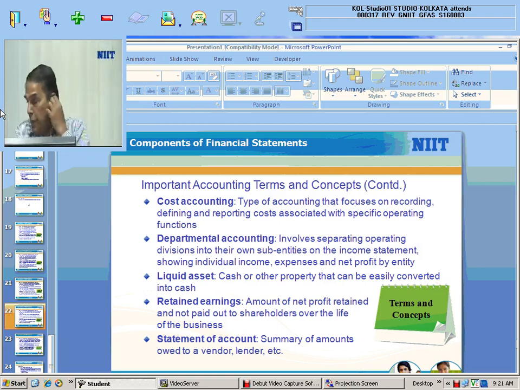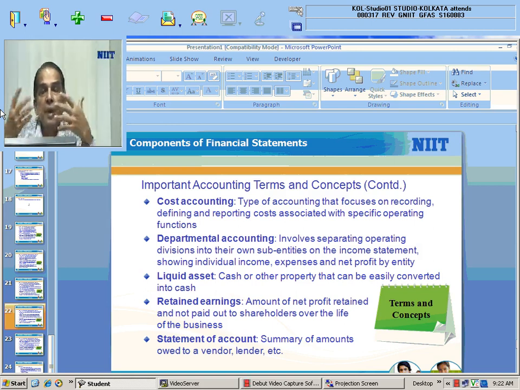Now at the end of the financial year, when the company determines its profits, it also has to make a decision how much of the profit it will retain in the business and how much profit will be distributed to the shareholders or the owners. The amount of the net profit which is retained in the business and not paid out to the shareholders over the life of the business is accumulated in the retained earnings account.